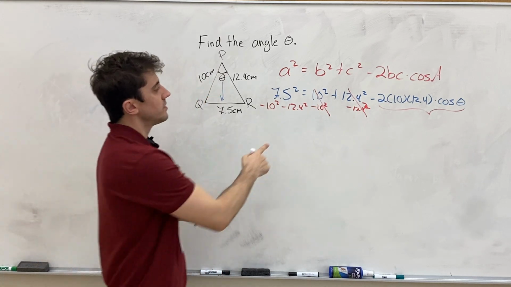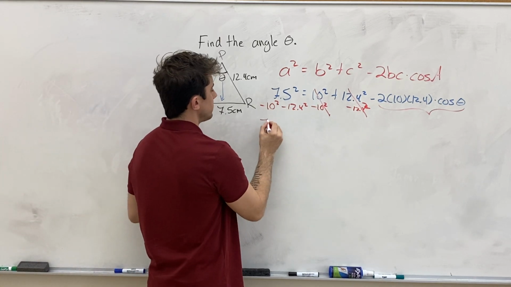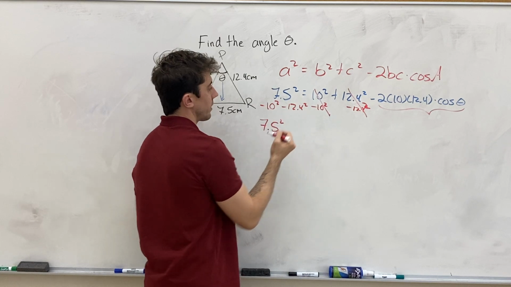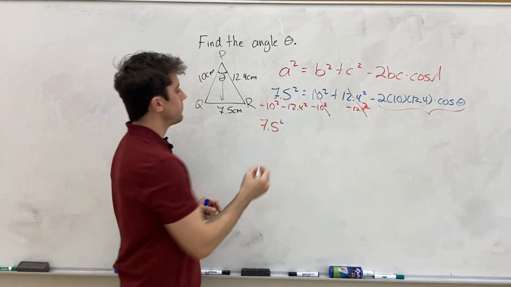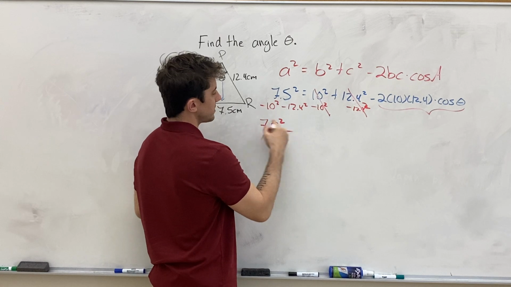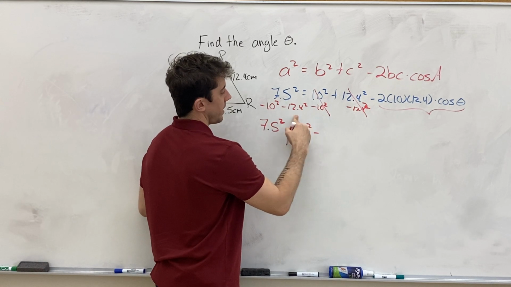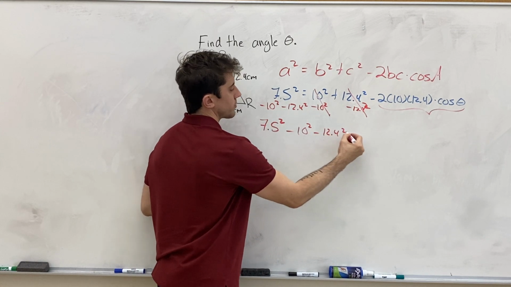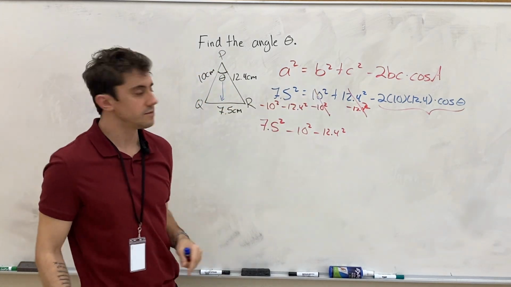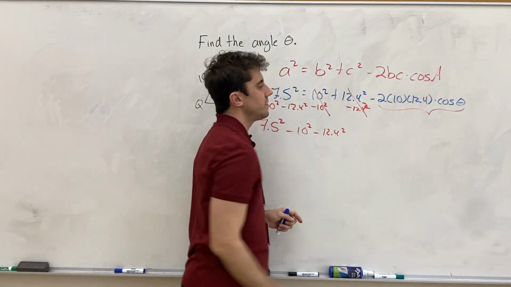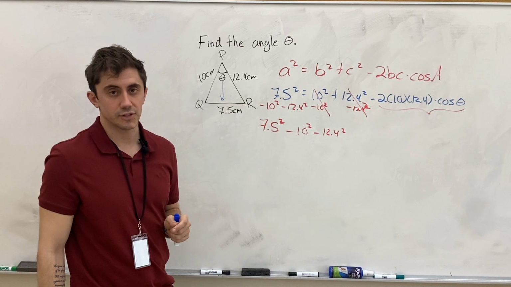Right? So now this left-hand side is going to read 7.5 squared, what was there originally, minus 10 squared, and minus 12.4 squared, right? Getting rid of the other terms that were on the same side as the term with theta.